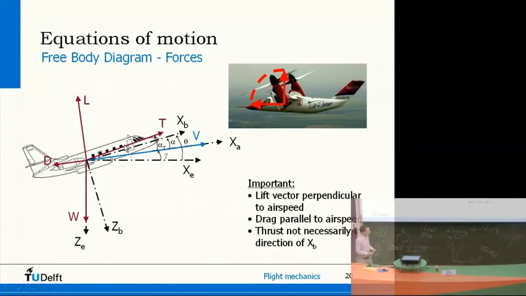So the weight component in this case is not the sine of gamma, but it's minus weight cosine of gamma. And since we have this thrust vector over here, thrust is actually pointing upwards a little bit. So we get plus T sine alpha t.